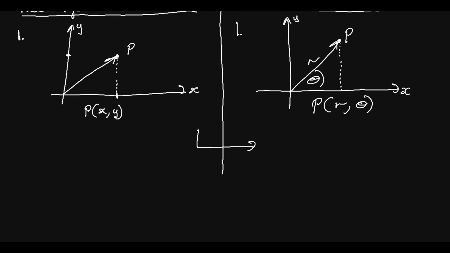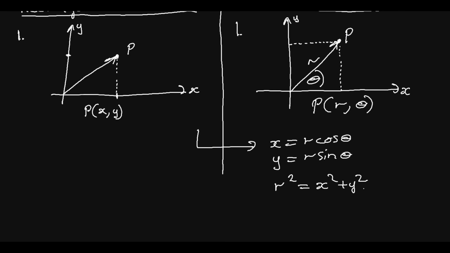You can actually get the equations that will help you to shift. So the x here is defined in terms of r and cos theta. Y here is in terms of r and sine theta. So what you can say is that r squared is equal to x squared plus y squared.